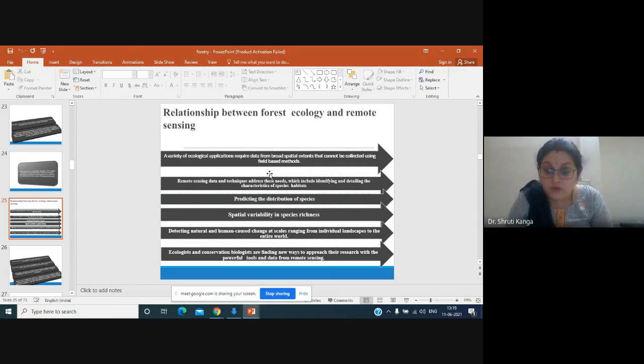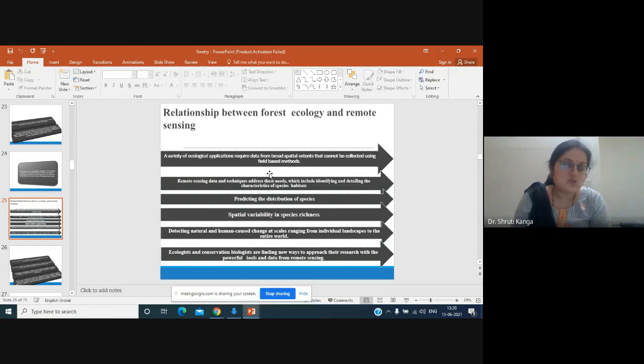All this is possible through remote sensing and GIS, that we can go for change detection as per the individual requirement. If we need to go for a specific area, we can do that. If we want a larger area to be analyzed, we can do that also.